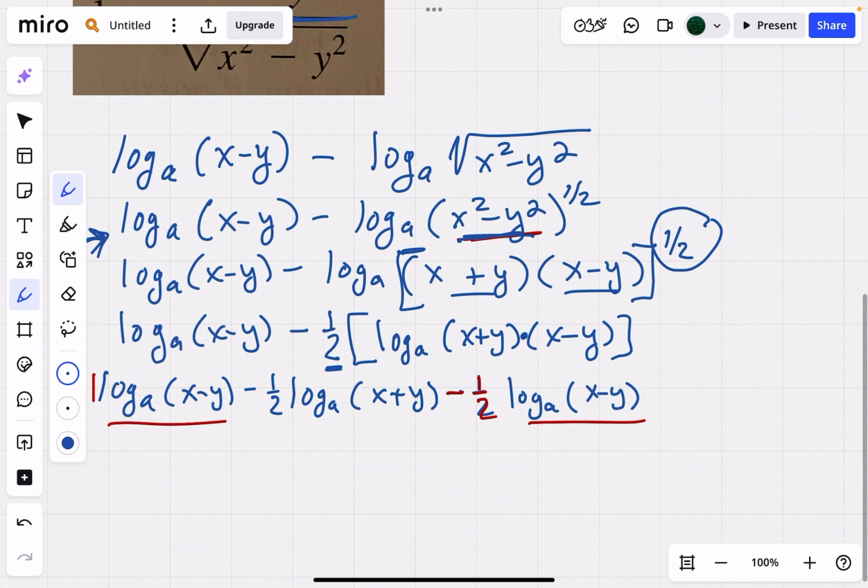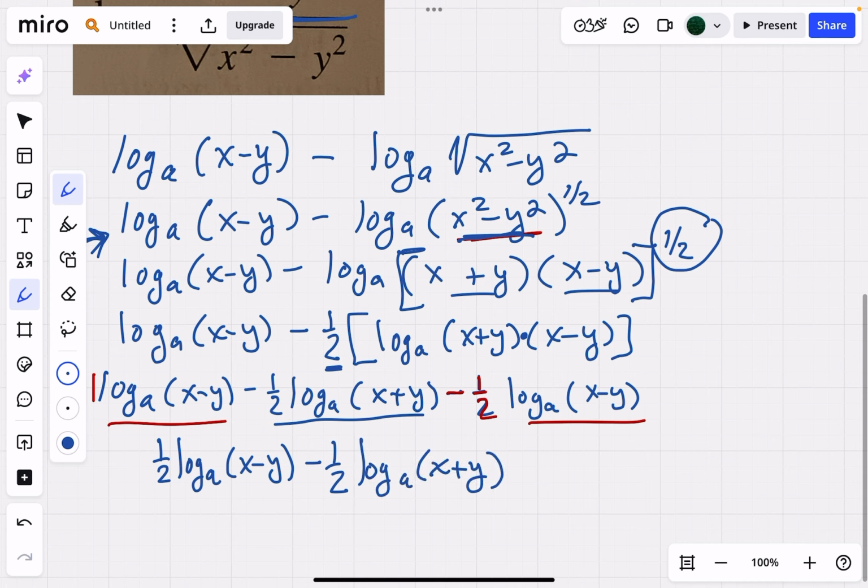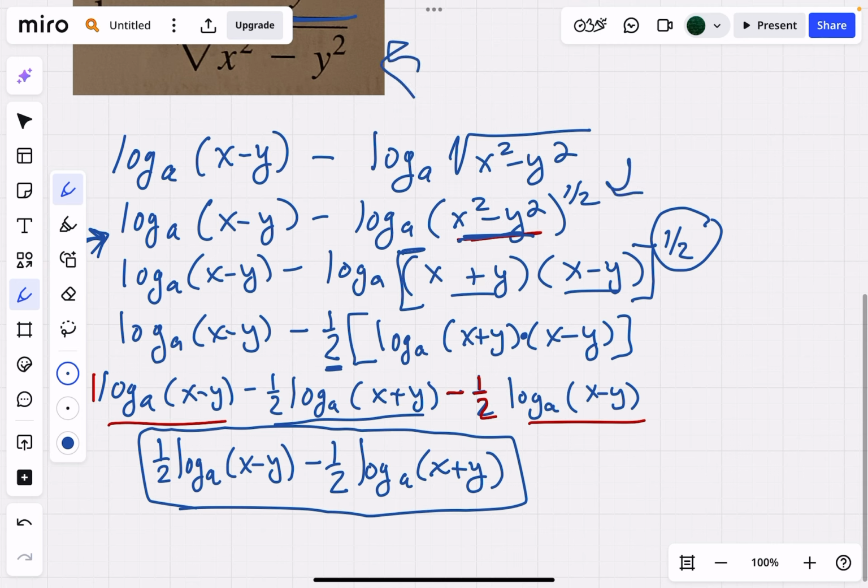So we end up with half the log base a of x minus y. And then this one was left over. We didn't touch that. So we have to keep that. Okay. And now this one would be considered complete. Obviously equivalent to the other two that we talked about, right? Like over here, over here. But this is actually complete and true sum and differences because each of these guys right here is just prime. There's nothing to multiply to get to them.